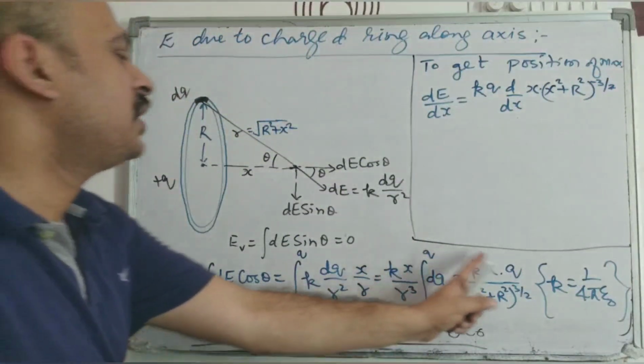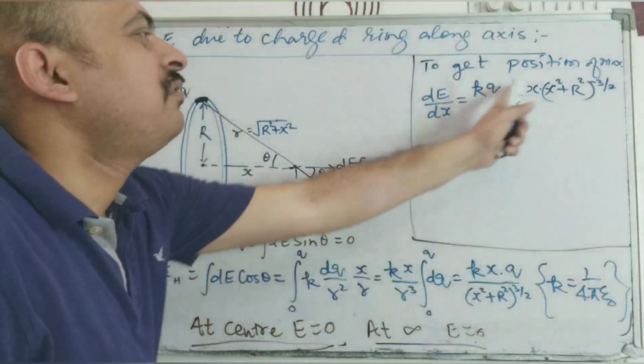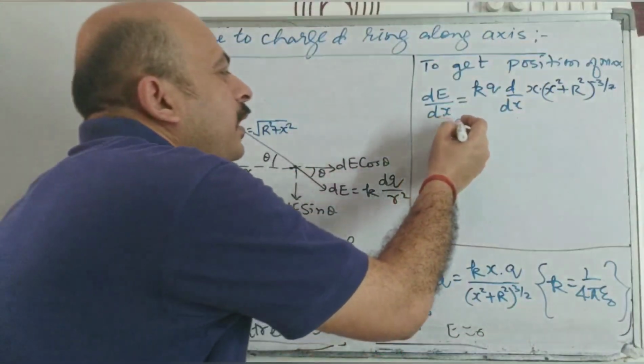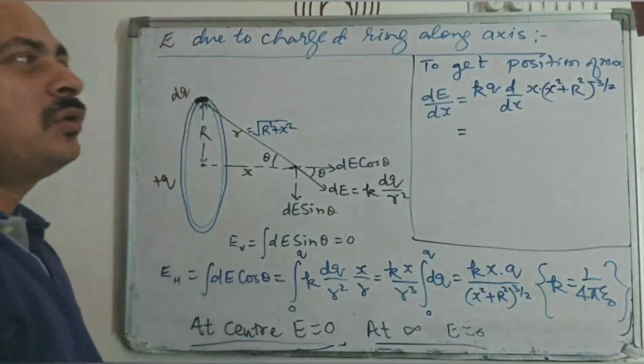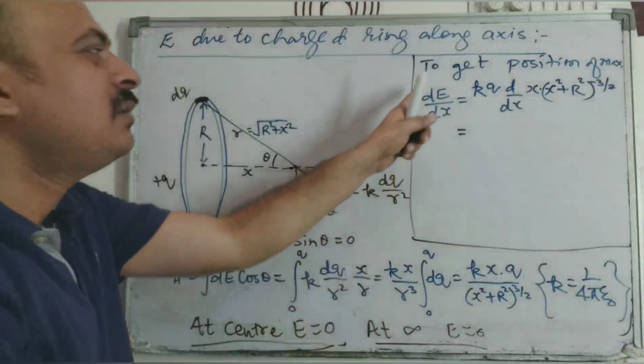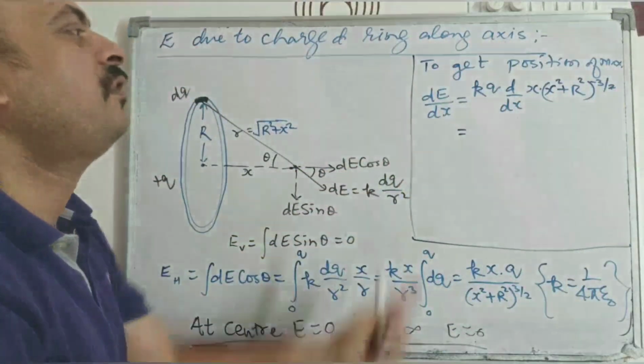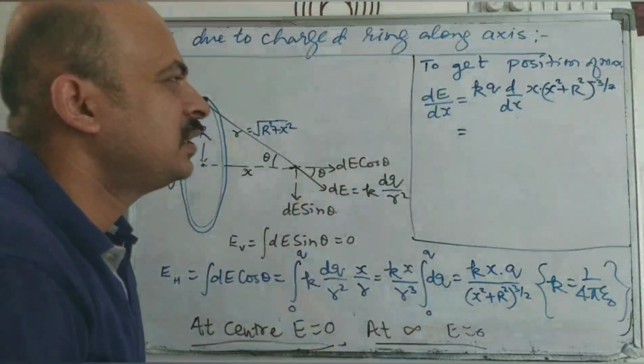You have to differentiate that value. To get the position of maxima, dE by dx should be equal to 0. So first of all you have to calculate dE by dx.